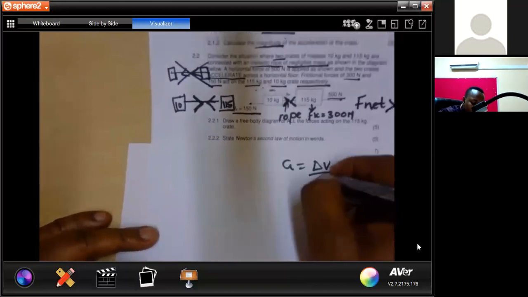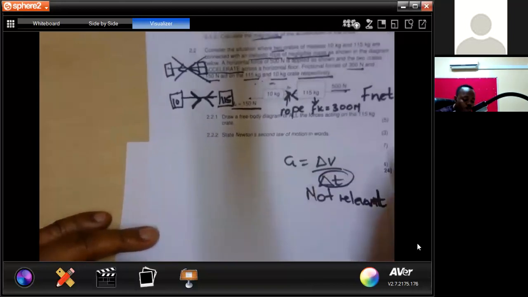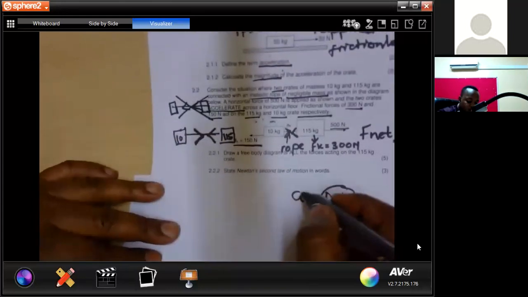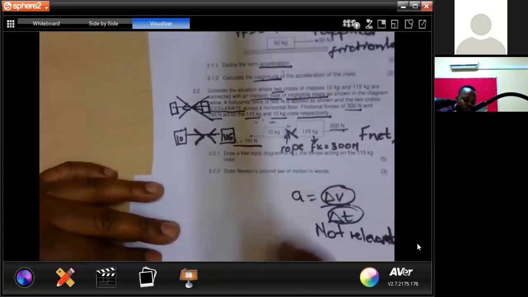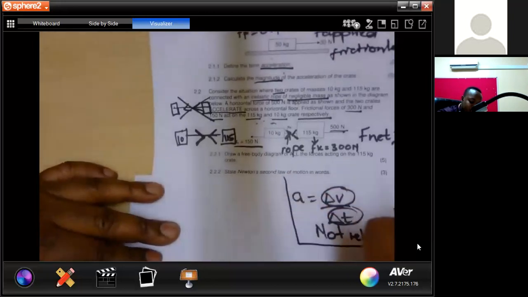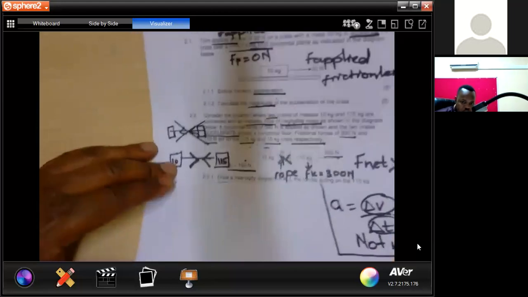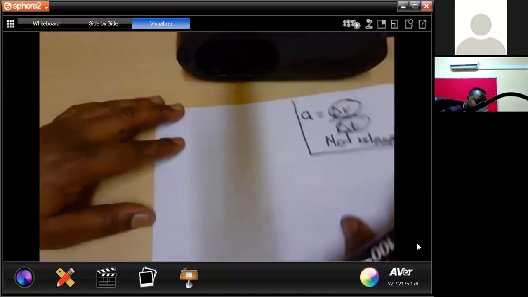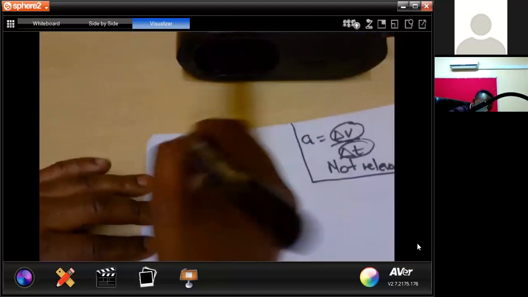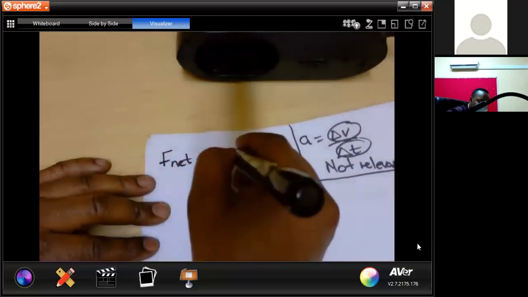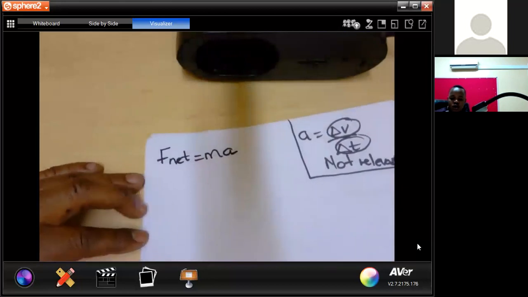Because we don't have the time that the object moved and how the velocity of the object changed. But it's still a formula for acceleration. So what must we do now? We must explore another formula that has acceleration. And that formula is Newton's second law of motion formula, where we say F net is equal to ma.